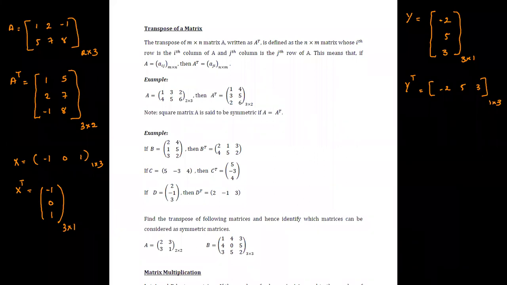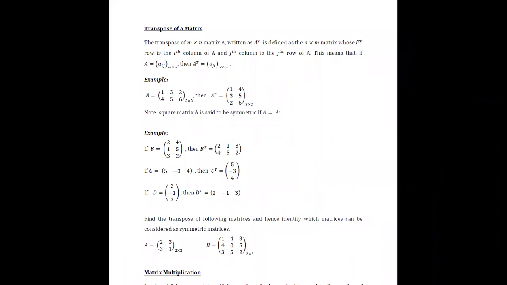Based on this concept of the transpose of a matrix, we are going to combine it with the equality of matrices. Suppose a matrix and the transpose of that matrix are equal matrices; then we say A is a symmetric matrix.